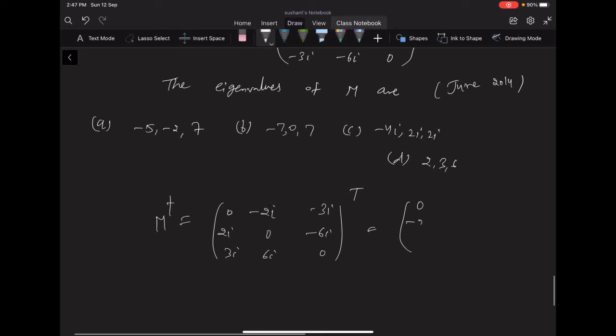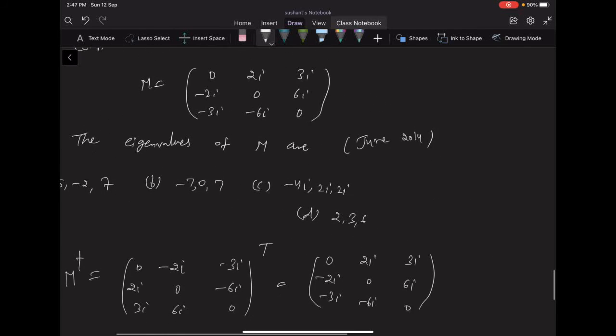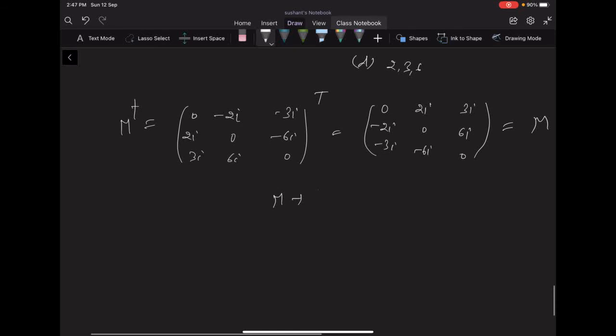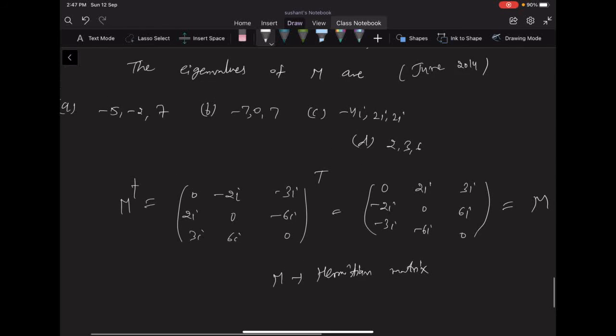So 0, minus 2i, minus 3i, 2i, 3i, 0, minus 6i, 6i, and 0. But this equals M. So M dagger equals M, so M is a Hermitian matrix. Now we know that the eigenvalues of a Hermitian matrix are real, so option C is not possible.